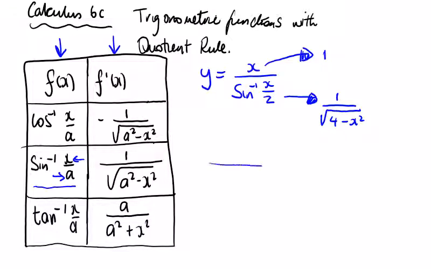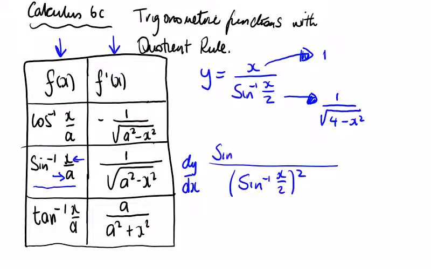So the quotient rule, dy dx, or f prime x is equal to, on the bottom we're always going to have the bottom squared, so the inverse sine of x over 2 to be squared, that's the bottom squared. And then on the top we always start with the bottom by the top differentiated, which is the inverse sine of x over 2.